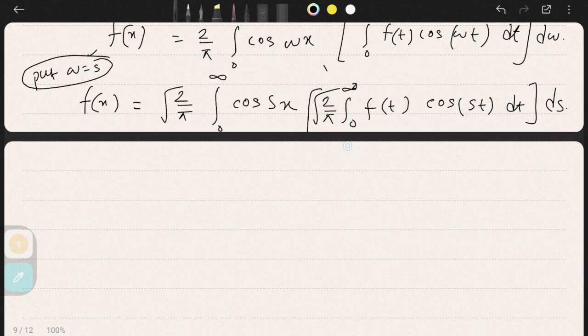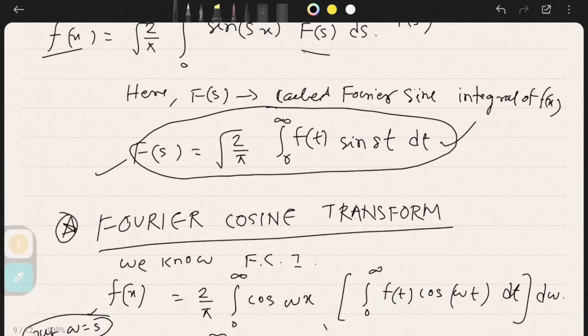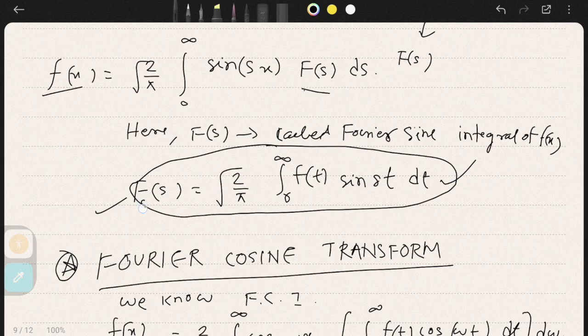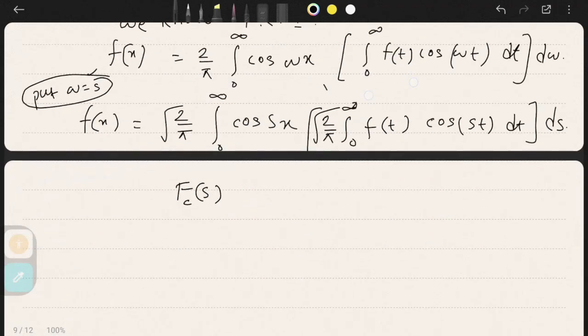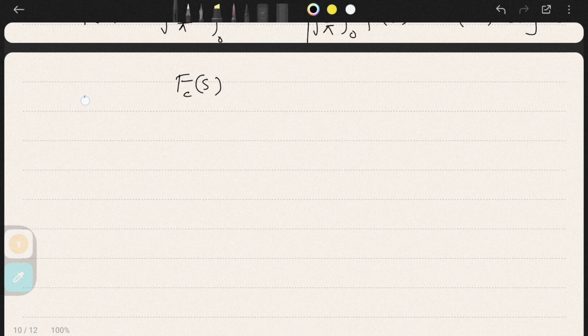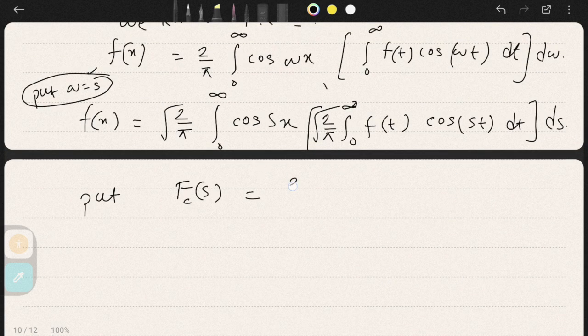So now substitute whatever is in the bracket as F(s). You can also write FCS here, to signify that it's the Fourier cosine transform. Just put whatever is inside it.